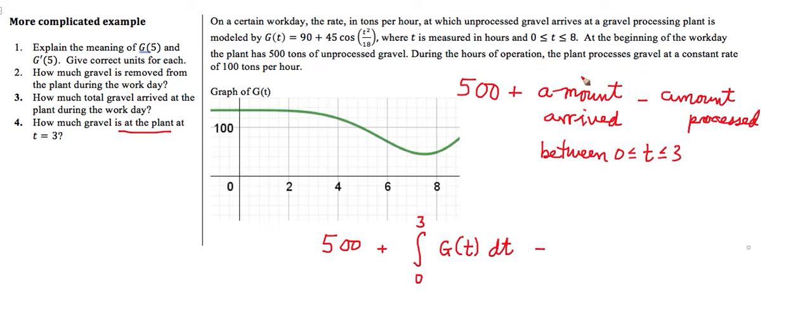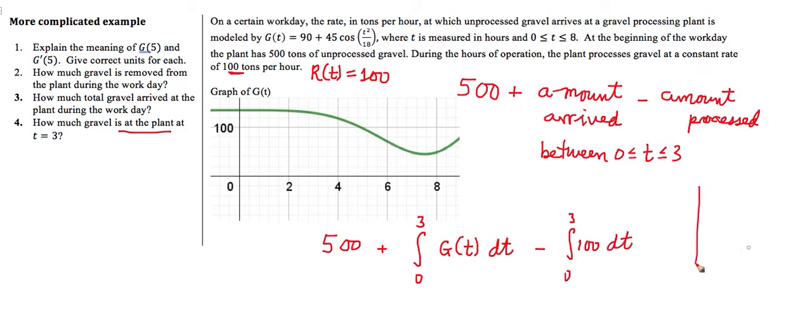Well, what is the rate of removal? It's removing at a constant rate of 100 tons. So let's say we have a function r of t that represents the removal rate. Well, the removal rate is always 100. It's constant. So we're going to integrate from 0 to 3 of 100 dt.